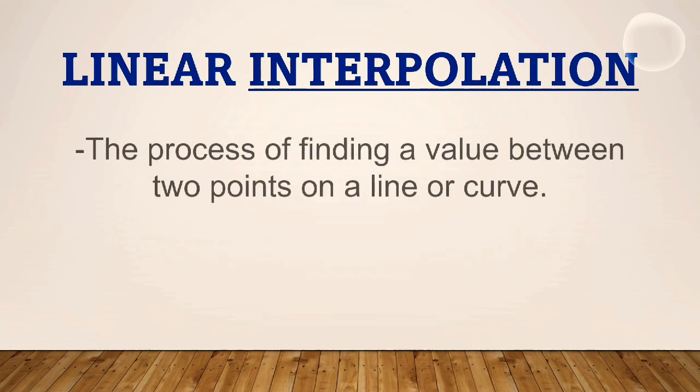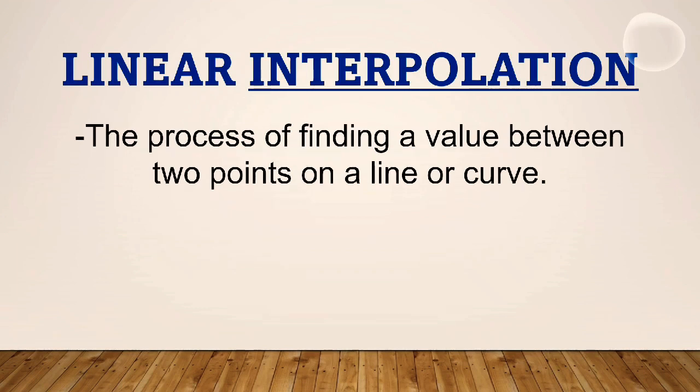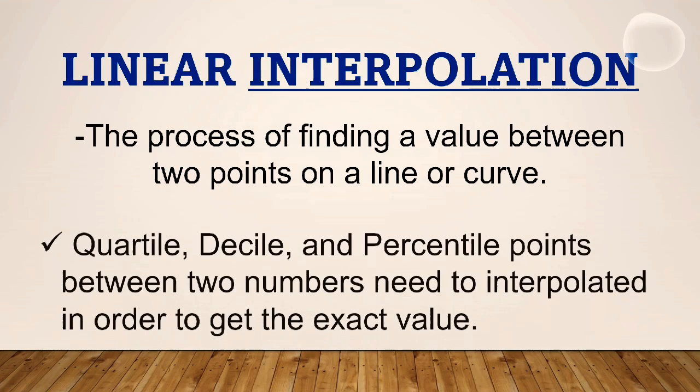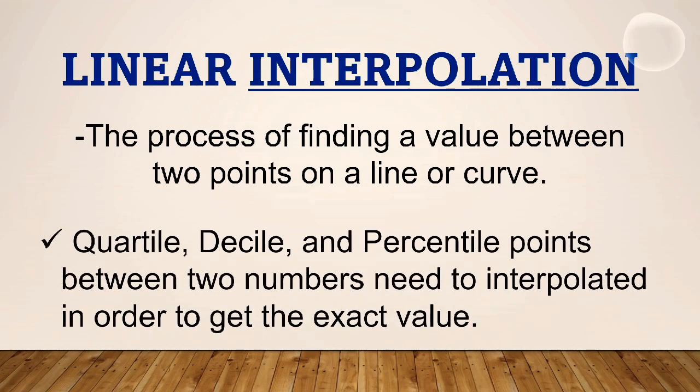When we say interpolation, it is the process of finding a value between 2 points on a line or curve. For quartile, decile, and percentile, points between two numbers need to be interpolated in order to get the exact value.